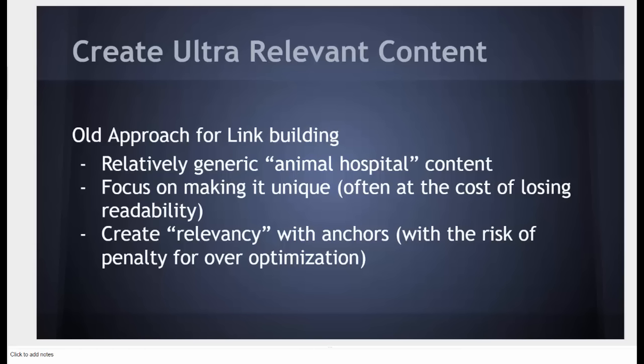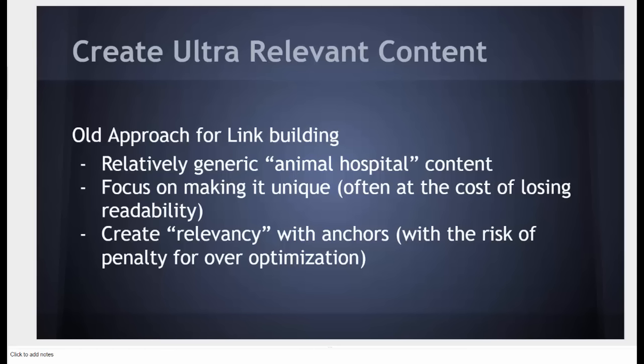Google is getting much better at assessing the quality of content, and of course spinners drastically break the quality of the content, making it easier for any bot, including Googlebot, to identify it as low quality content. So the approach was to create relevancy with anchors.